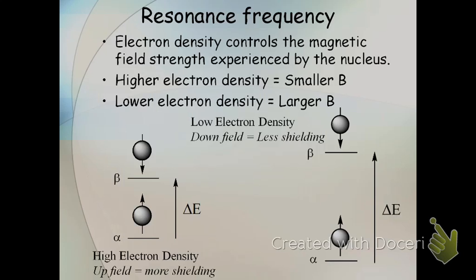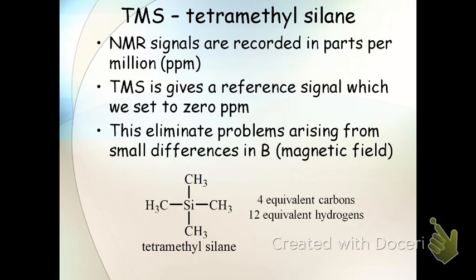So if you look at NMR signals, one of the things that we like to do is have a solid reference point for our NMR signal. It turns out magnetic susceptibility and magnetic field strength are highly dependent on temperature and in little details about how strong the magnetic field actually is.